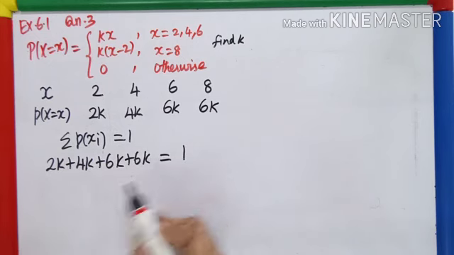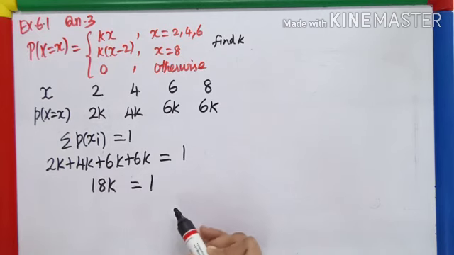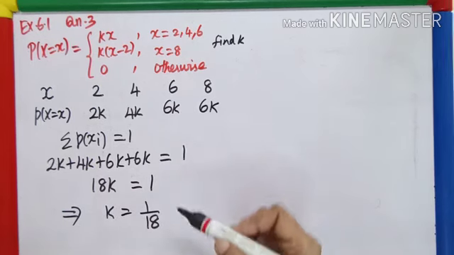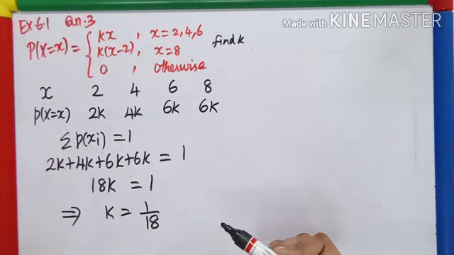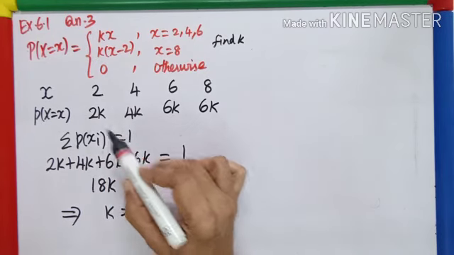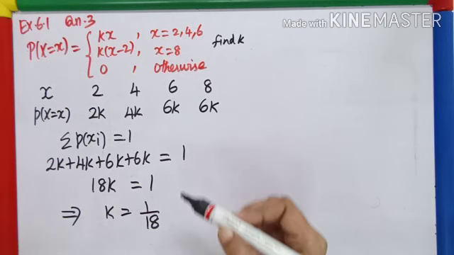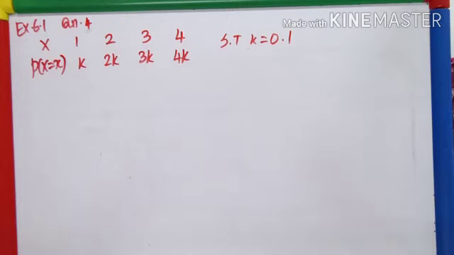Adding all this, we get 18k. 18k is 1, implies k equals 1 by 18. So these are 2 mark problems, or sometimes they come under even 1 mark. So we must know total probability is 1. Add all this, put it equal to 1, and from which we can derive the value of k.